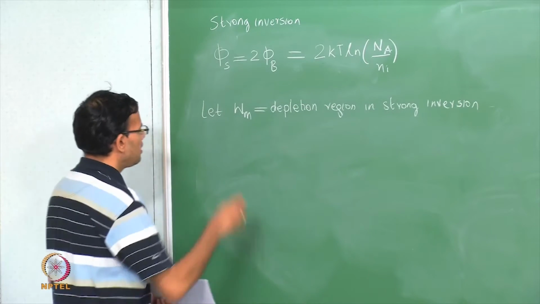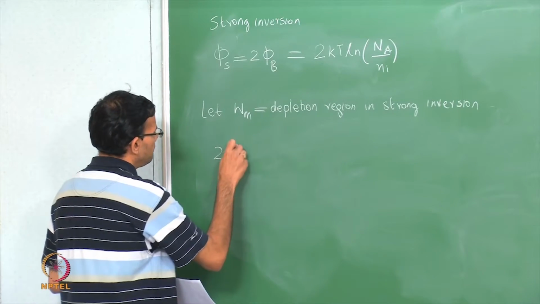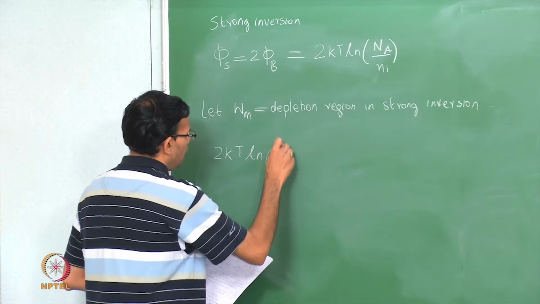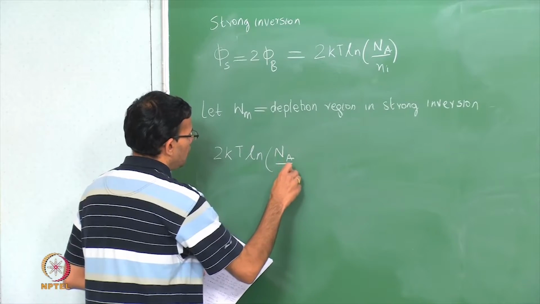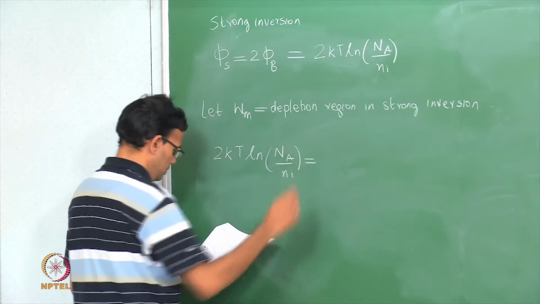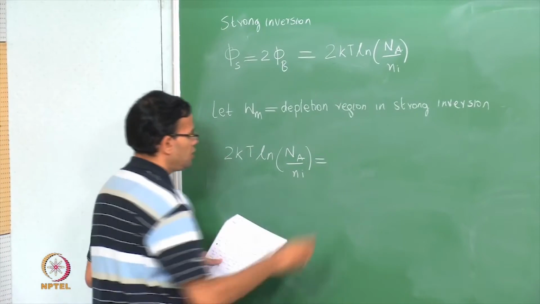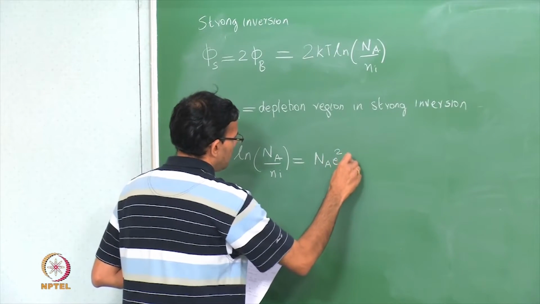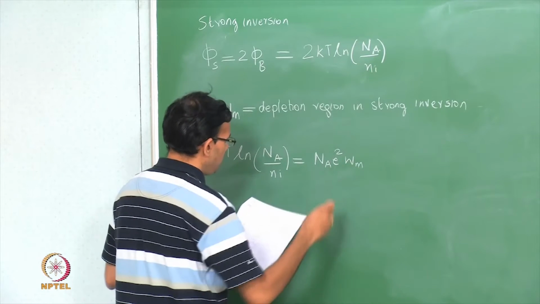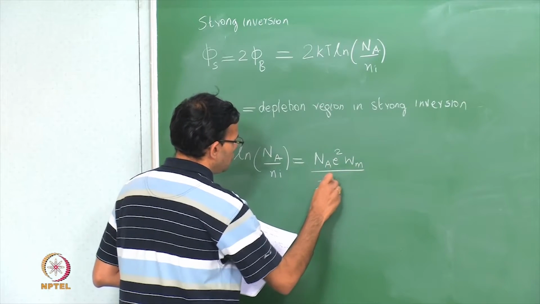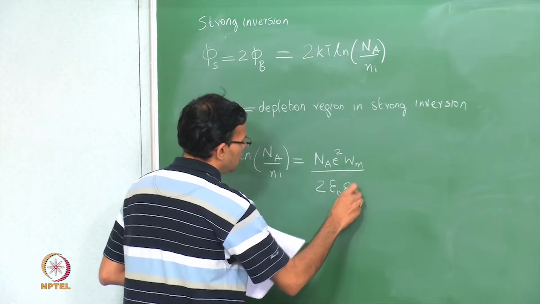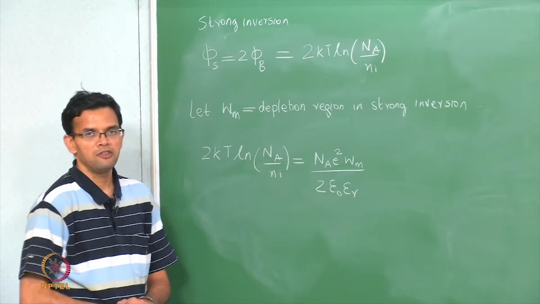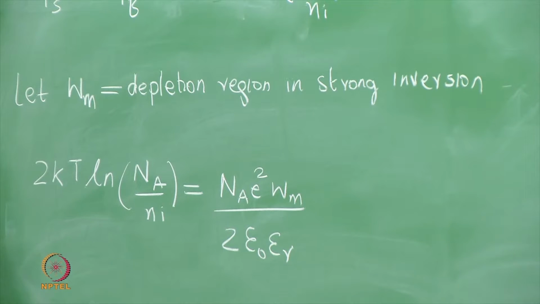In this particular case 2 kT ln of Na over Ni is related to Na e square Wm over 2 epsilon naught epsilon r, where epsilon r is the relative permittivity of your semiconductor.